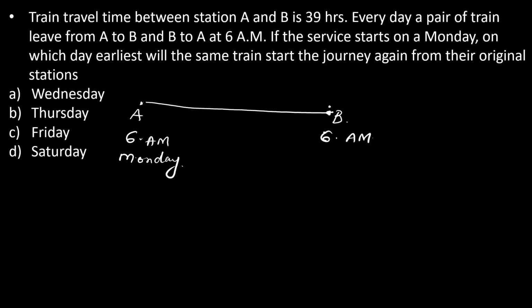Now, the travel time between these two stations is 39 hours. It takes 39 hours to travel from A to B and also from B to A. So, the train starts at 6 a.m. on Monday and it goes to station B and it returns from B to A. Then on which day earliest will the same train start the journey again from the original station?